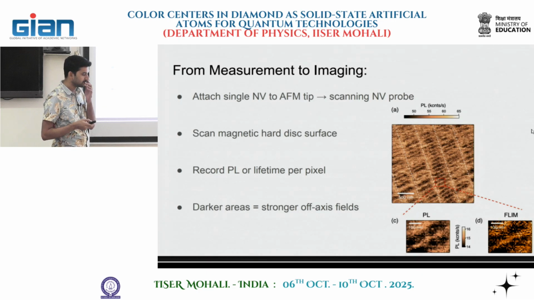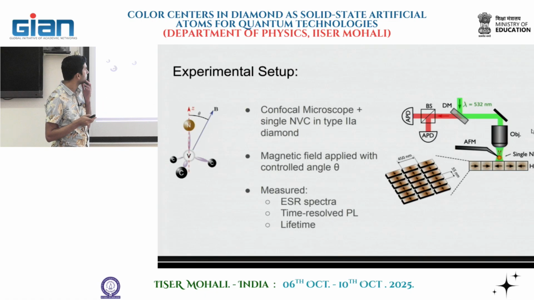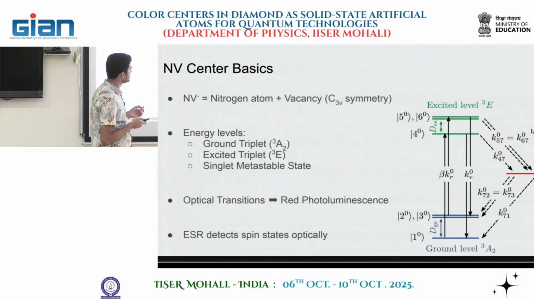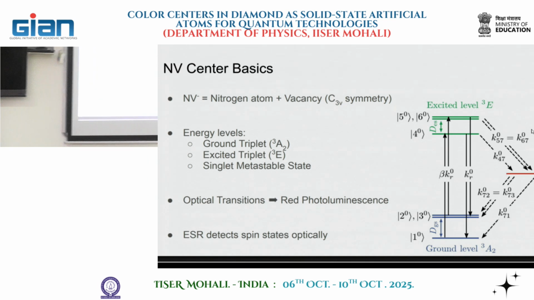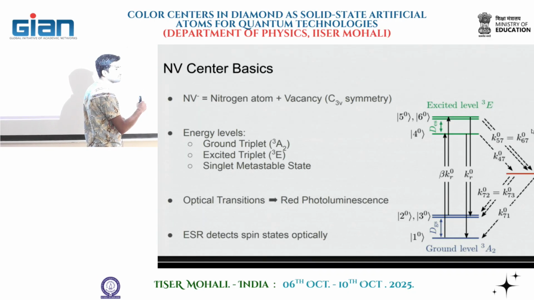Whenever there is an off-axis magnetic field, the spin states will mix, and the different spin states decay differently. Can you show it on the diagram? Here, there will be some different components. Whenever there is an off-axis magnetic field, the spin states will be mixed, and the contrast decreases with increasing off-axis magnetic field.